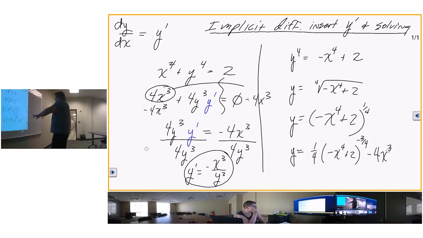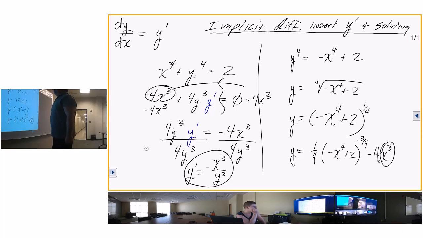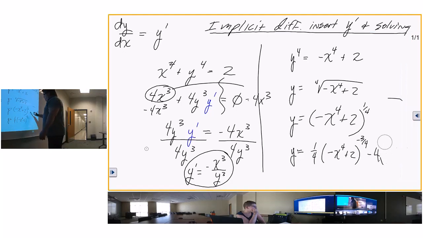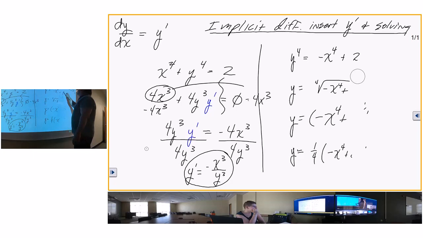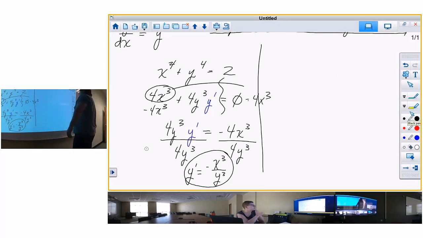And then that negative 4 and that 1/4 is going to cancel, and you're starting to see that x to the third right there, but it's going to be a lot more math. So it's easier just to do implicit differentiation. Now what if I give you, find the equation at 1 and negative 1.